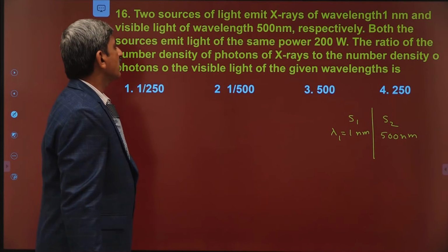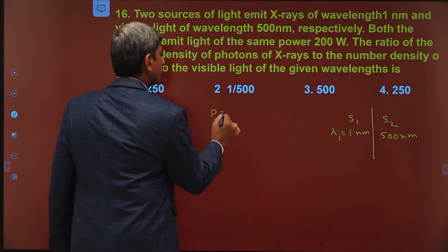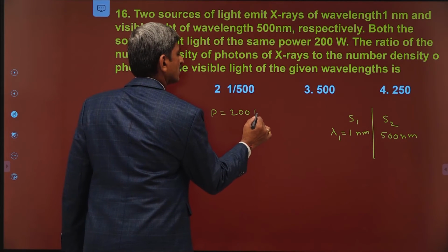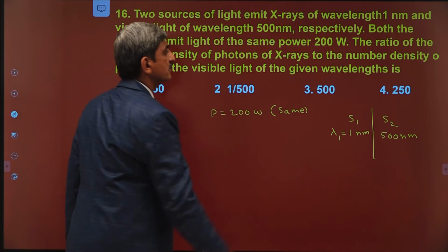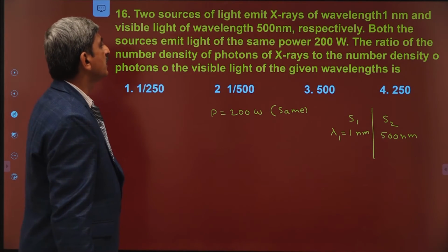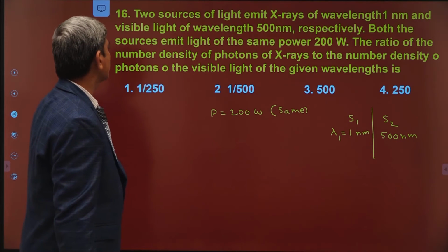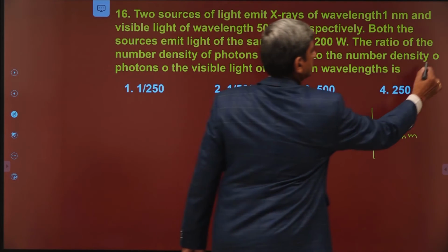Both these sources emit light of the same power, 200 watts. The power of the source is given as P is equal to 200 watts, which is the same for the two sources. The ratio of the number density of photons of X-rays to the number density of photons of the visible light of the given wavelength is dash.